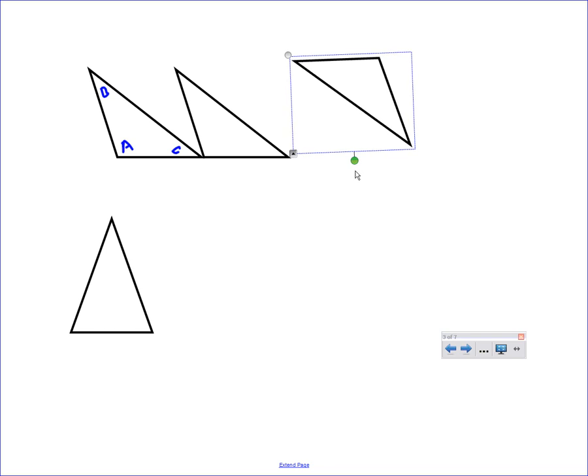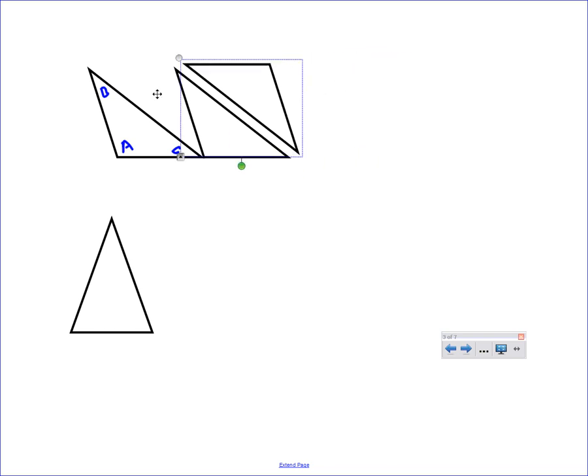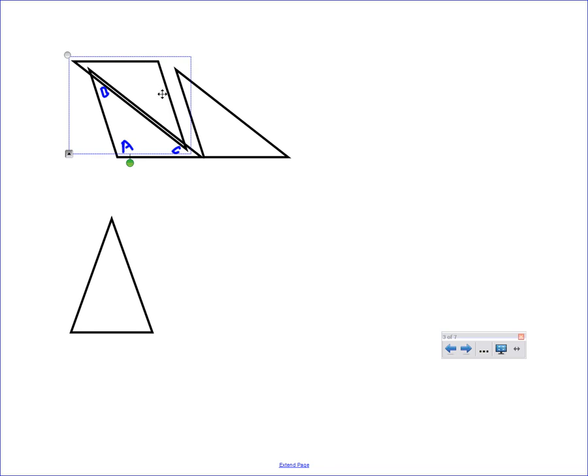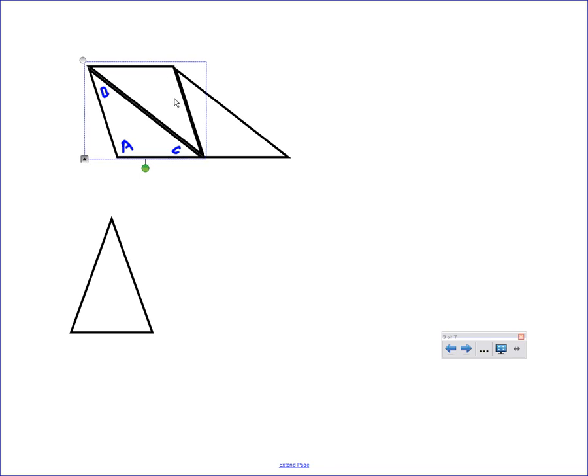If all has been done correctly, I should be able to squeeze that one right in there, like so. Let's get the pen back and see what we know.